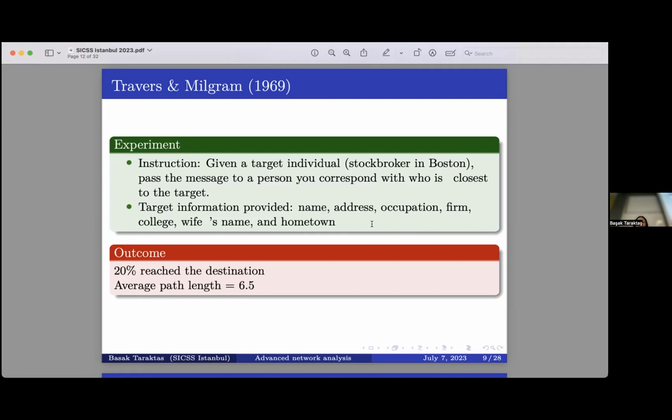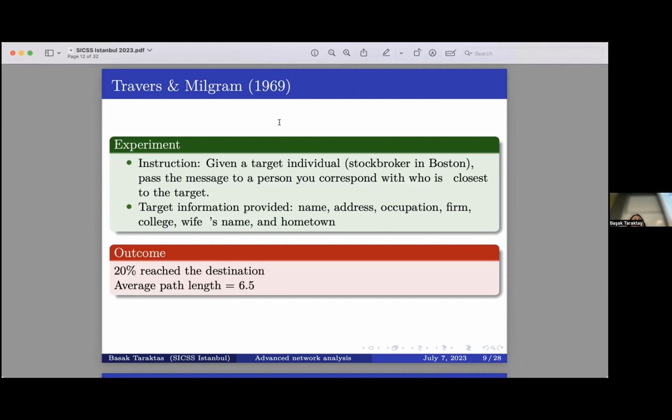And in the end, they find that 20% of the letters reach the destination, which is quite remarkable considering it's the 60s, and even today the US Postal Service isn't great, but it reached. And you may imagine that a lot of people actually didn't even care, and might have stopped the experiment. But the interesting finding is that the average path length is 6.5. I think that's an amazing finding.